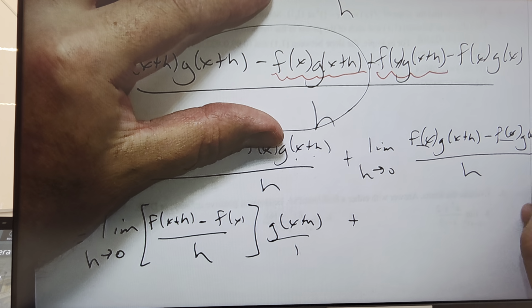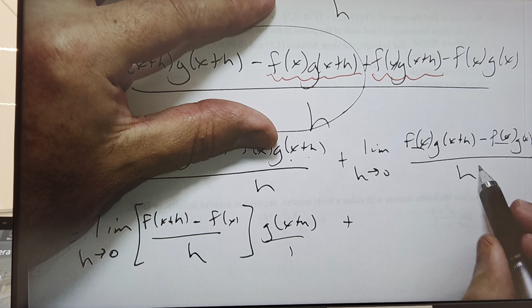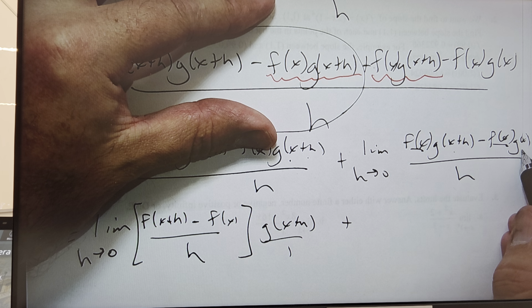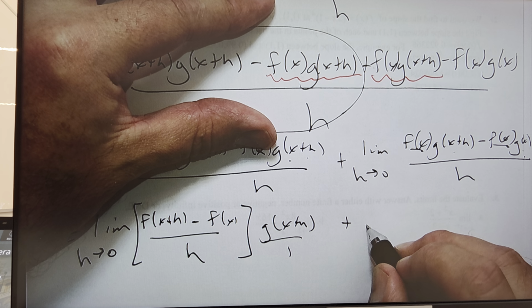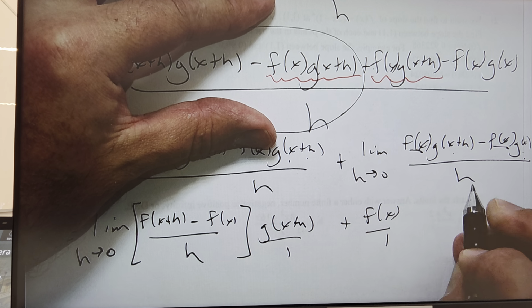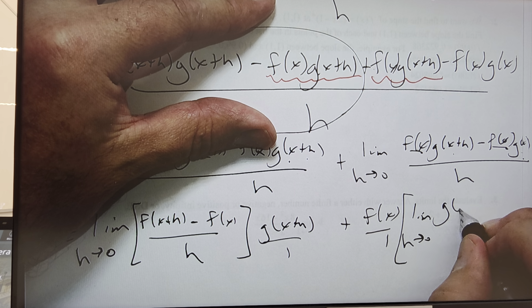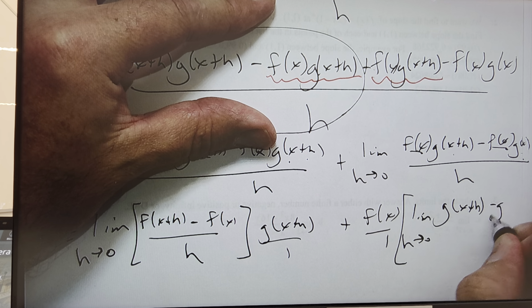Take out an f of x. That's what's the same. There's an f of x here and an f of x there. There's not a g of x in both, is there? There's a g of x plus h and there's a g of x, yes? So if I take an f of x out, what am I left with? g of x plus h and g of x.